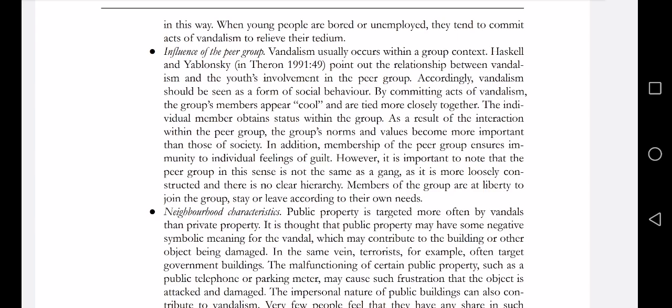However, it is important to note that the peer group in this sense is not the same as a gang, as it is more loosely constructed and there is no clear hierarchy. Members of the group are at liberty to join the group, stay or leave according to their own needs.